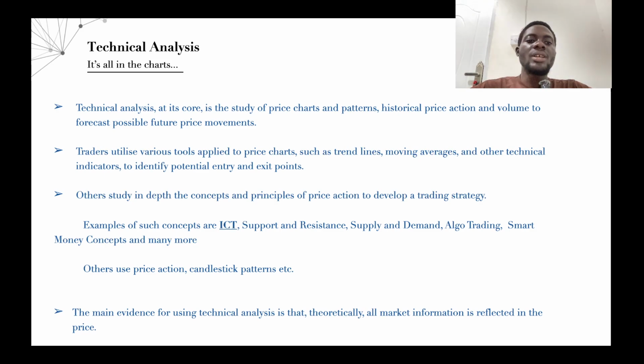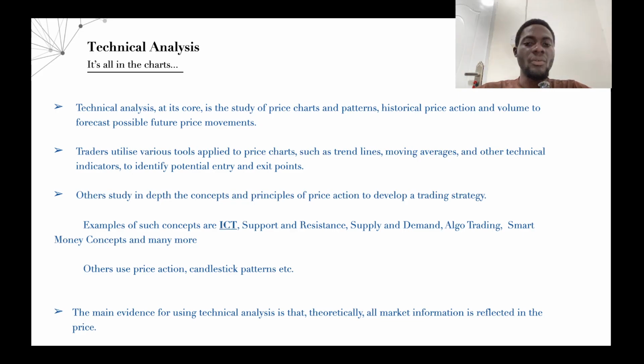So traders utilize various tools applied to price charts such as trend lines. Trend lines are tools you can use to monitor the trend of price. When price is in an uptrend, you can take your trend line, hook it from the starting range of that uptrend to the current range, and wait for price to bounce off of that trend line again.